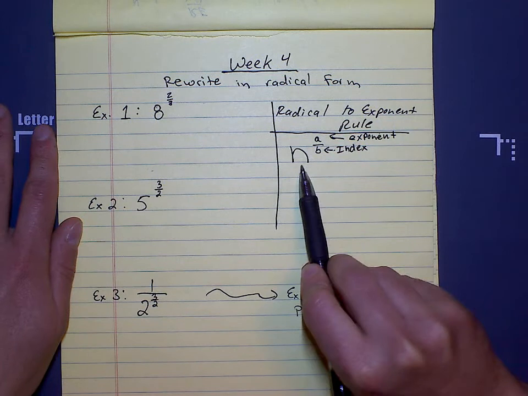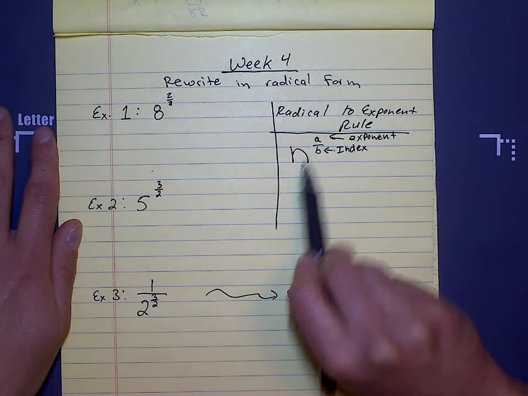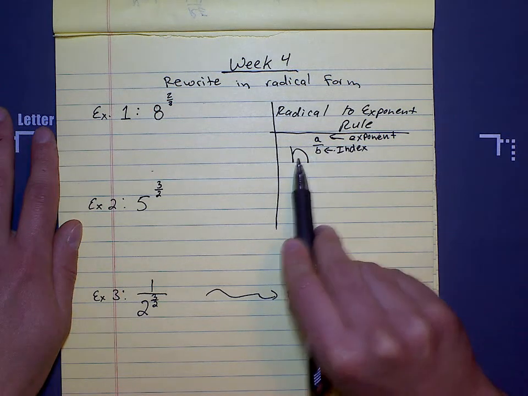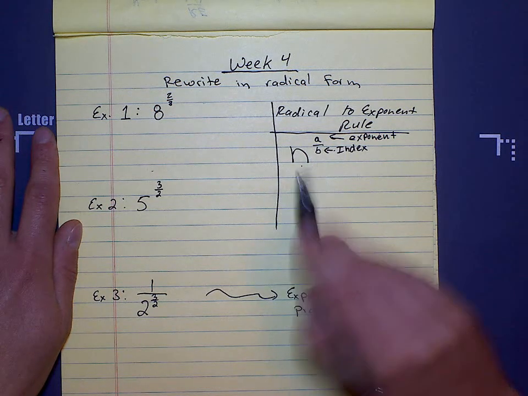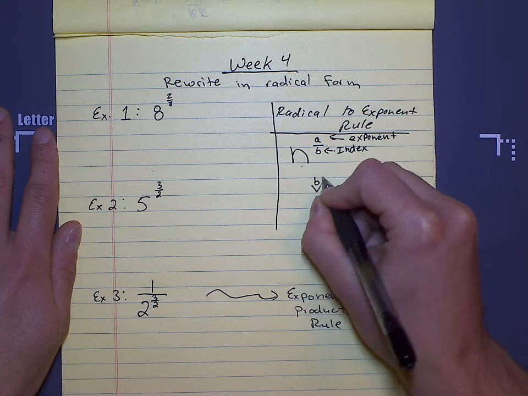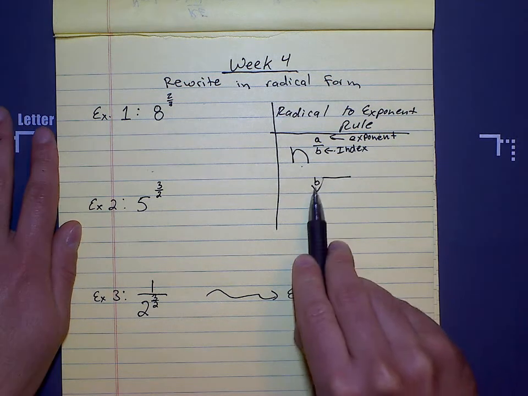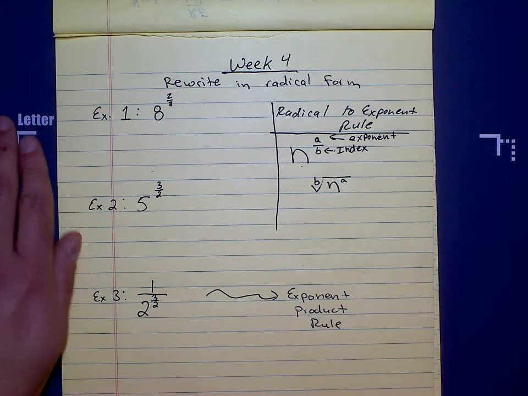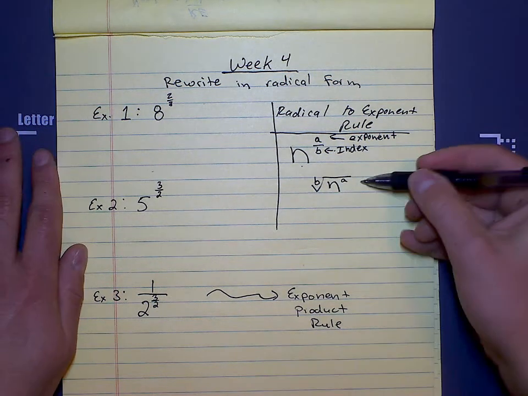In this case, n is the radicand, so n is going to be raised to the a power. So if you want to rewrite n to the power of a over b as a radical, you can rewrite it as the b root of n to the power of a. And it's just as simple as that.